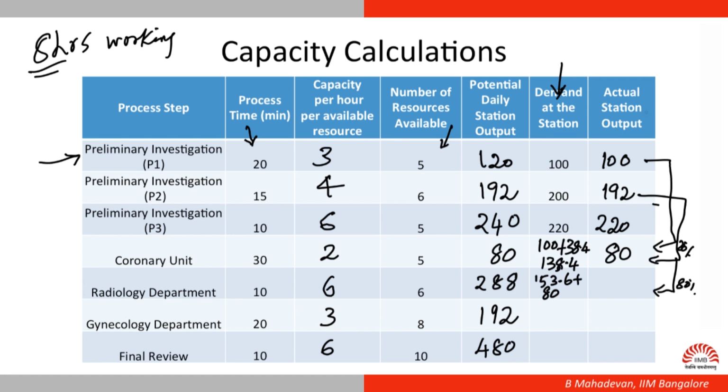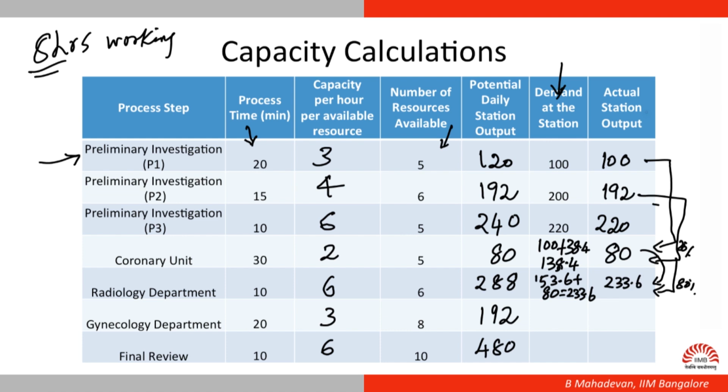So, you have to add that because this will also come to the next stage. So, that makes it 233.6 and the minimum of these two happens to be 233.6. So, that is going to be the potential output from here given all these constraints.